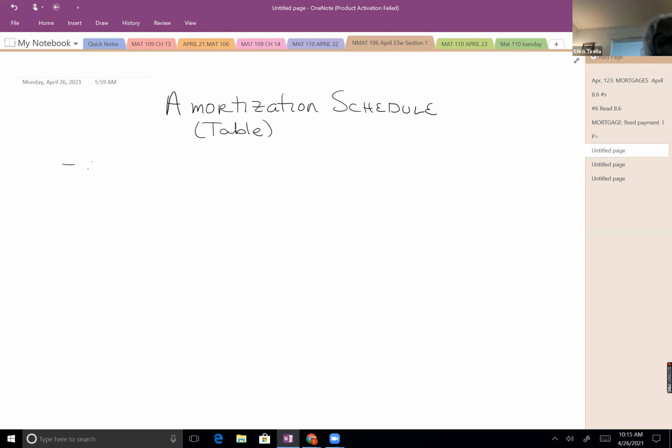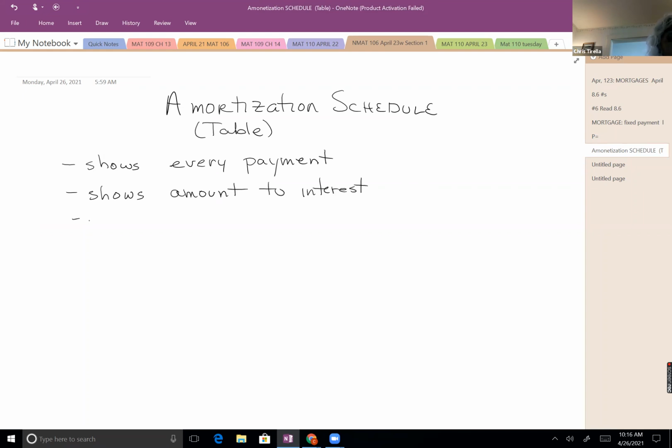And what it does is it shows every payment. It shows how much of the payment goes to interest, and it shows how much of the payment goes to the principal.